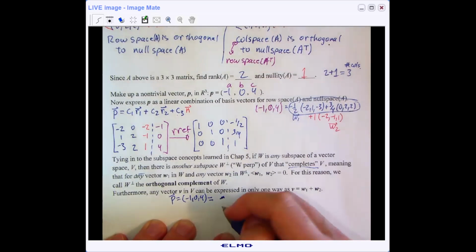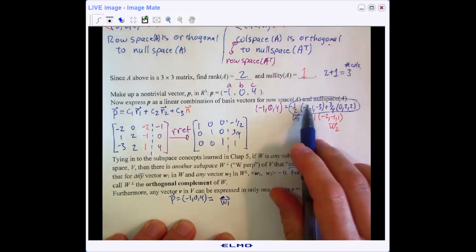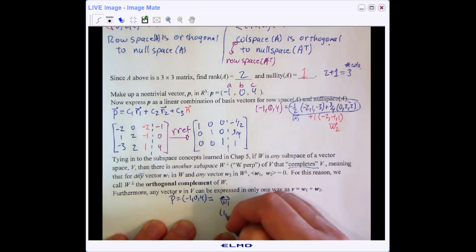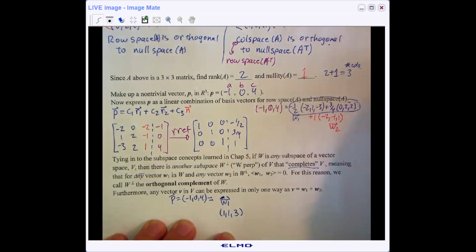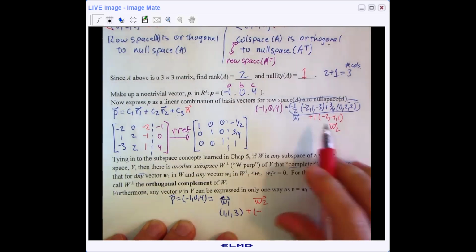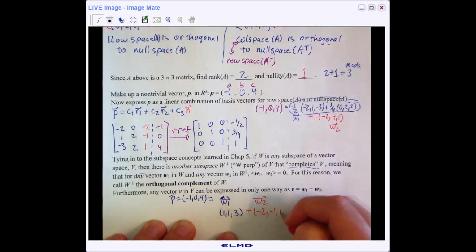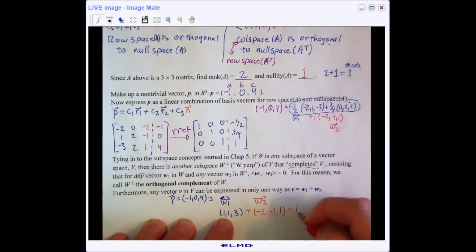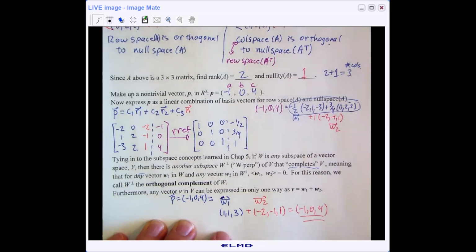And this W1 vector, coming from this linear combination of our row space vectors, turns out to be 1, 1, 3. And if I add to that vector W2, which is in the null space, which fortunately for us came out to be 1 times that, so it was just one of our null space vector, and when we add those, we got our desired vector.